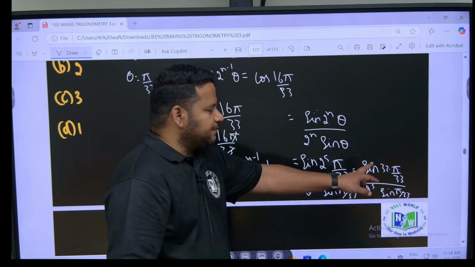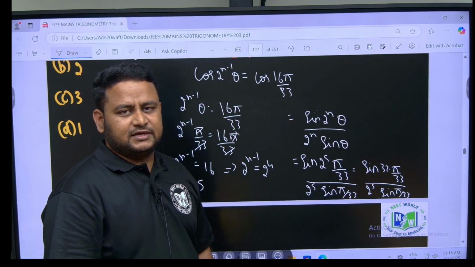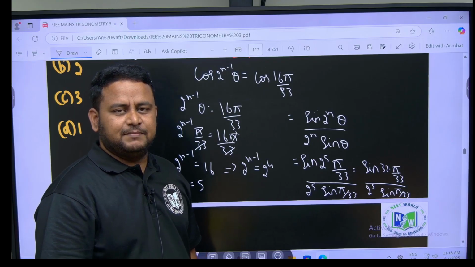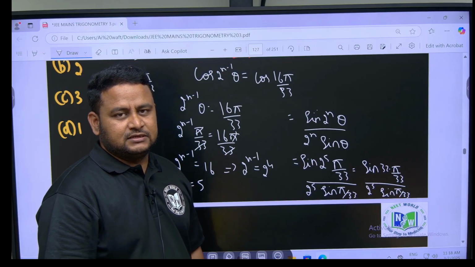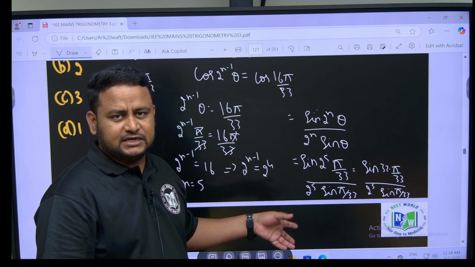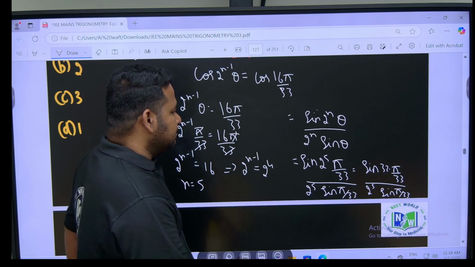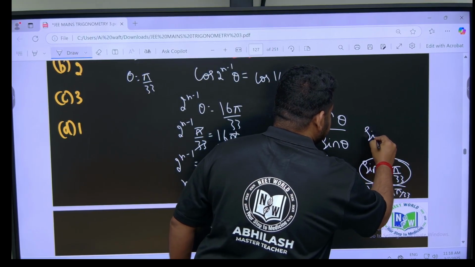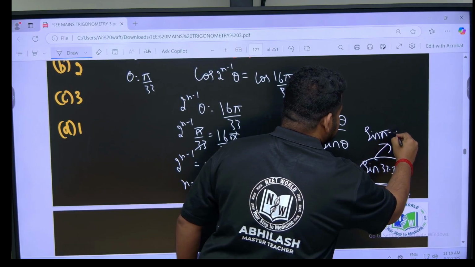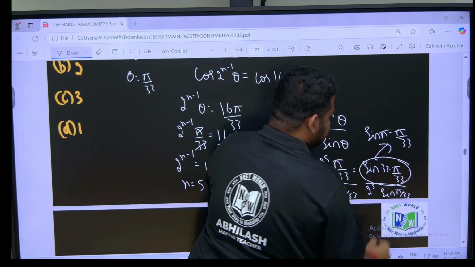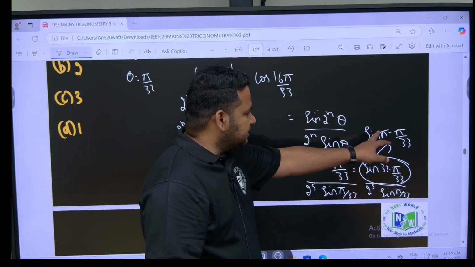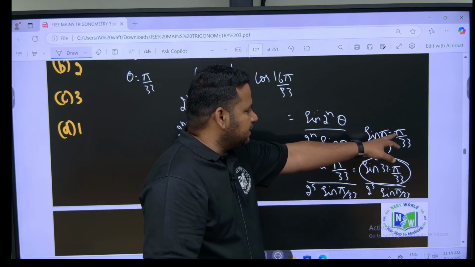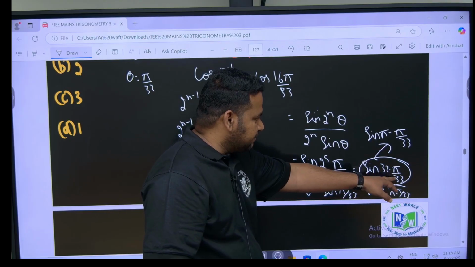Okay, 32 pi by 33. 32 pi by 33 can be written as sine of pi minus pi by 33. See here, 33 will be the LCM, so this will be 33 pi minus pi, that is 32 pi by 33.